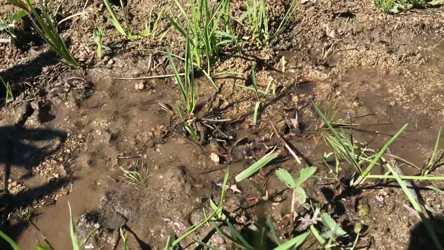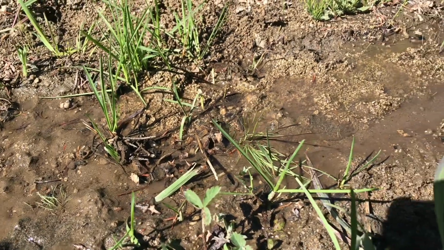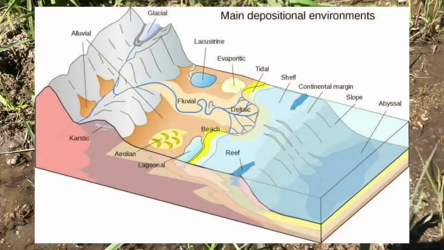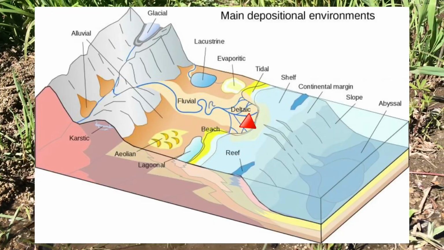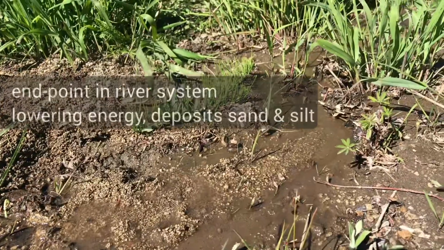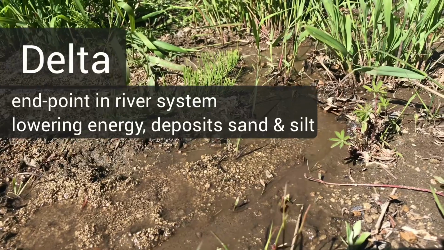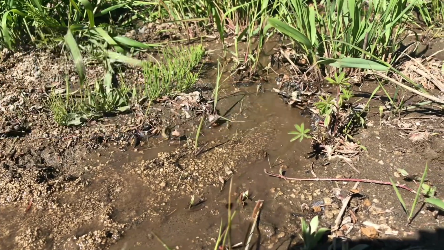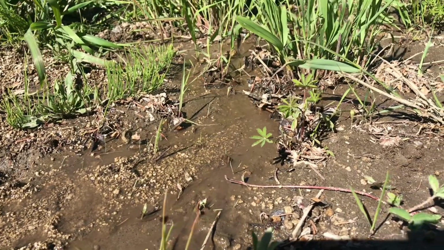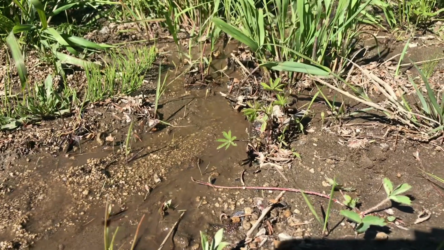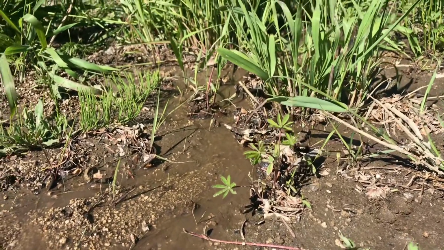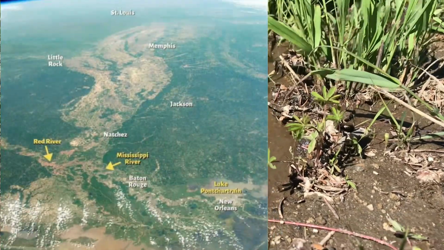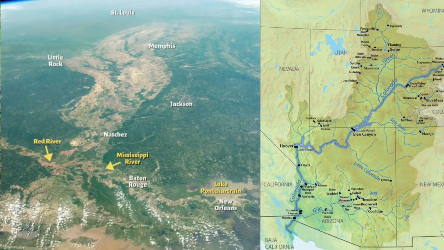And at this point in our system, things have really slowed down. And in an actual river system, this would be best represented by the endpoint or a delta. At this point in the system, the river will deposit the finest grained sediments, the silts, and it will basically flow into an ocean in a big river system like a Mississippi or Colorado River or larger rivers around the world.